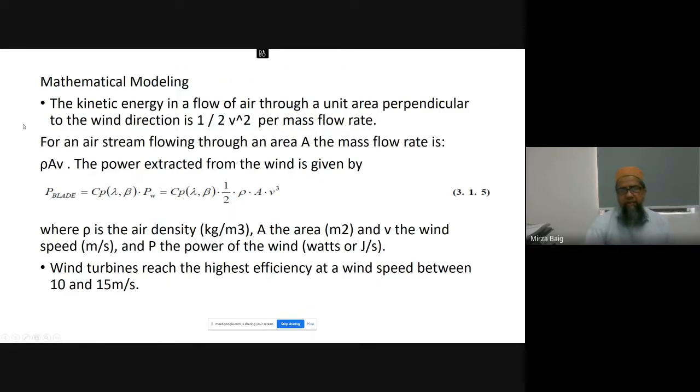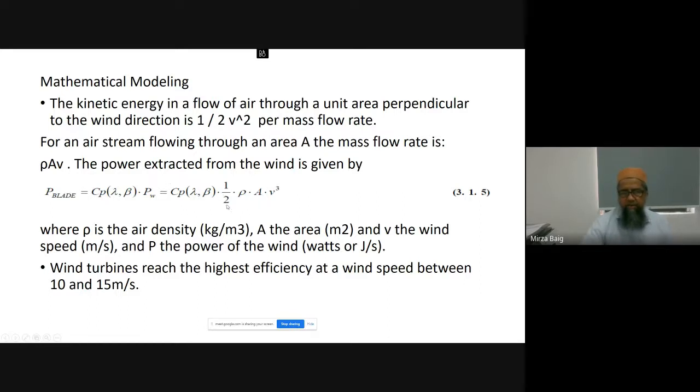About the mathematical modeling, you have kinetic energy flowing through the air in a perpendicular direction, and it's half v square per mass flow rate. Using that, the power of the blades is calculated as Cp times the power of the wind, where Cp is the power coefficient, which we'll discuss later on.